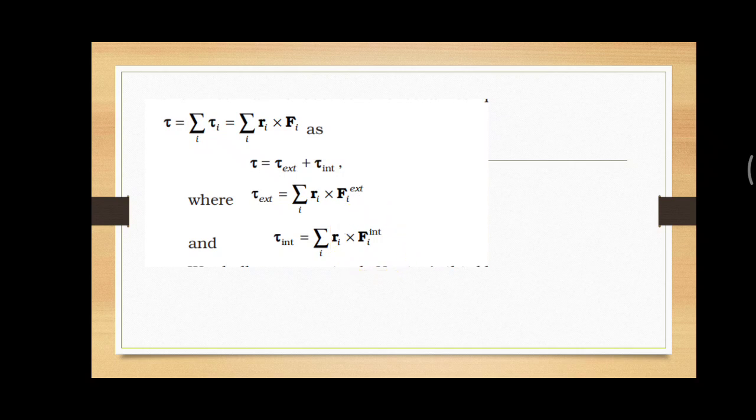So Ri cross Fi internal will be 0, and the sum of the n products will also be 0, that is tau internal will be 0.